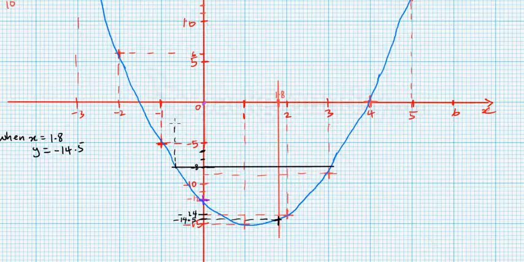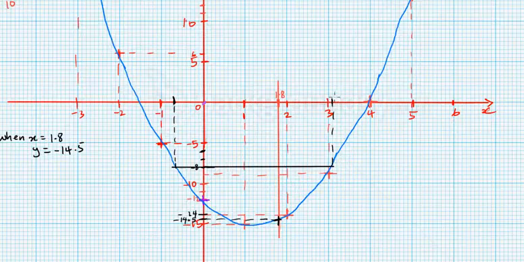This is where it touches the x-axis. We'll take this other one up as well. This is where it also touches the x-axis.